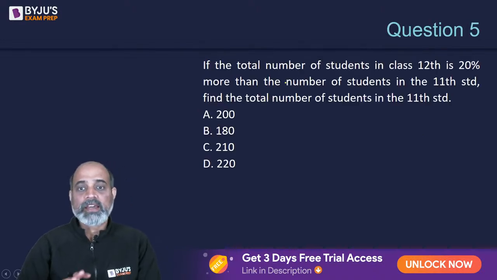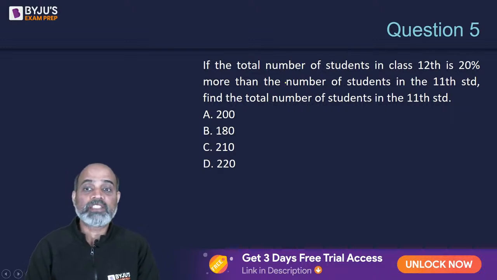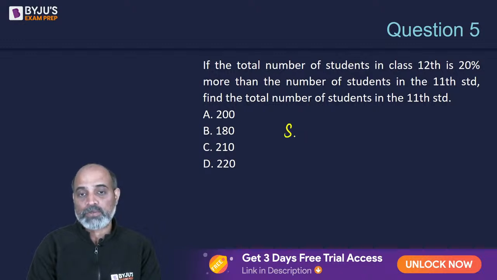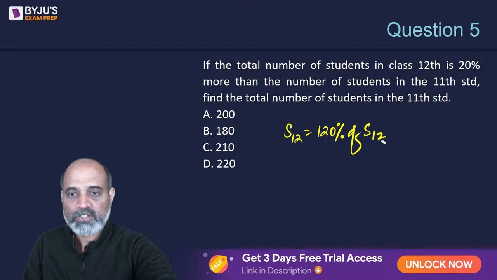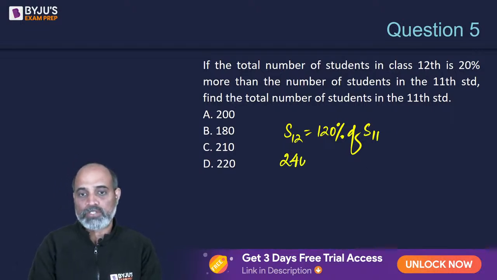Right? If the total number of students in class 12th is 20% more than the number of students in 11th standard, so it is given that the number of students in 12th standard is 20% more, which is 120% of the number of students in 11th standard. The 12th standard we already know is 240.